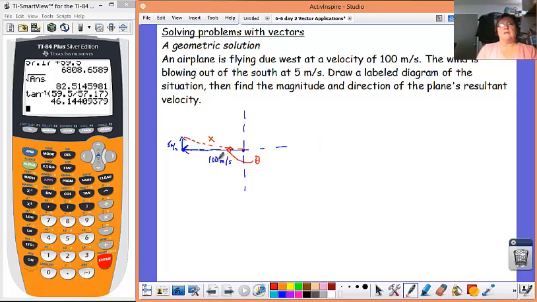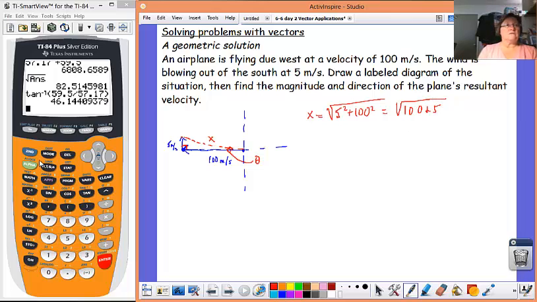Alright, so since this was west and south, we have a 90-degree angle right there, which makes this problem way easier to solve geometrically. This is a Pythagorean theorem thing. The magnitude of that vector will be the length of the resultant. And that would be the square root of 5 squared plus 100 squared. 100 squared is 10,000, so 10,025.